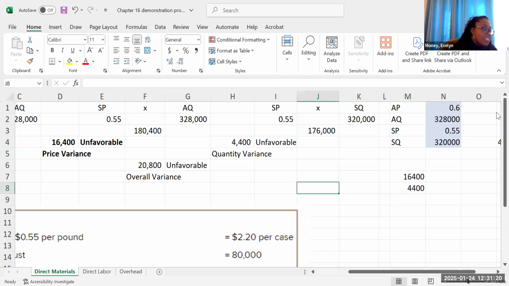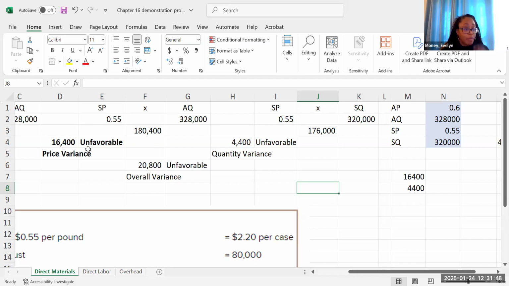Now, the question is, from an analysis standpoint, because we know how to calculate the numbers now, what does this really mean? If we overspent fully by 20,800, a portion of that was attributable to the fact that we paid more than we planned to pay, and a portion was because we used more than we planned to use.